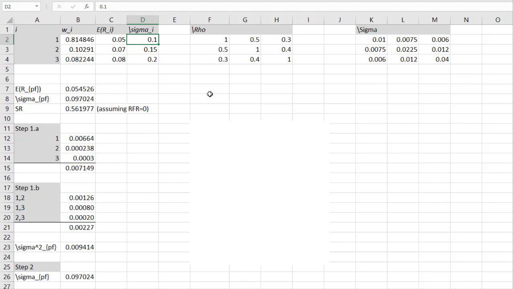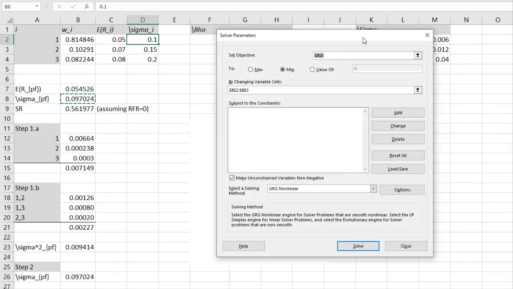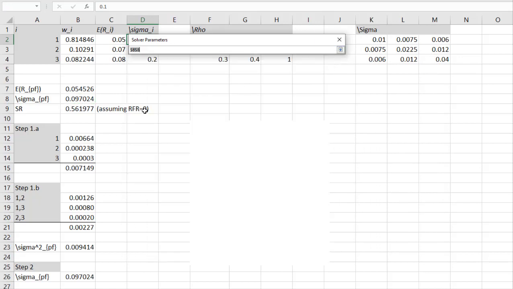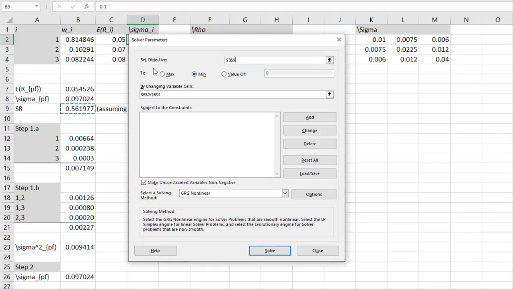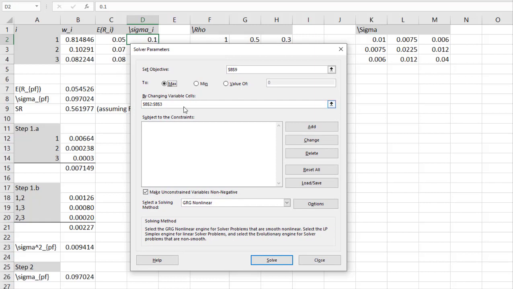We could also try to find the so-called market portfolio. The market portfolio is the portfolio that maximizes the Sharpe ratio. So I want to maximize the Sharpe ratio again by changing weight 1 and weight 2, which implicitly changes weight 3.